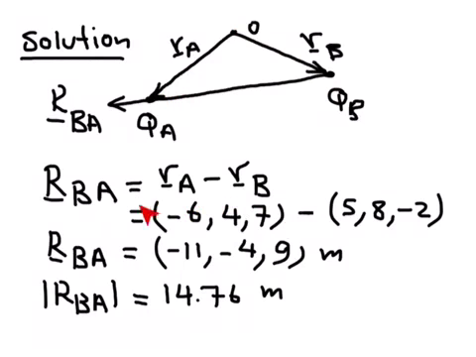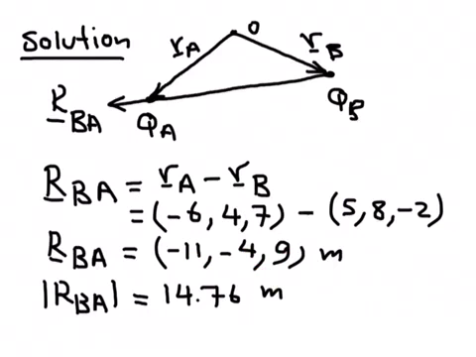This is the position vector of point A, and this is the position vector of point B. When we subtract vectors, we subtract similar components. So minus 6 minus 5 gets minus 11. 4 minus 8, you get minus 4. 7 minus minus 2, you get 9. So this is the vector RBA. If you try to get the magnitude of this vector, you can get it by simply taking the square root of the sum of the squares of these components.